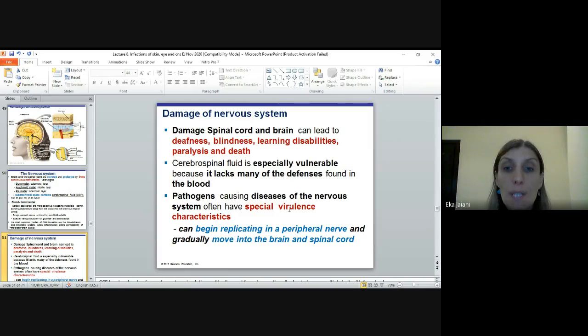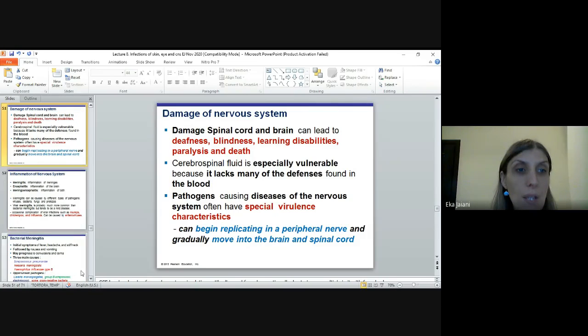And pathogens that move to the CNS have special characteristics. Not all bacteria or viruses or protozoans can get into the CNS and cause infection there.